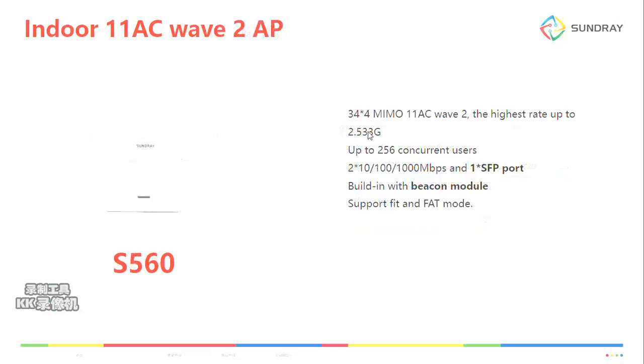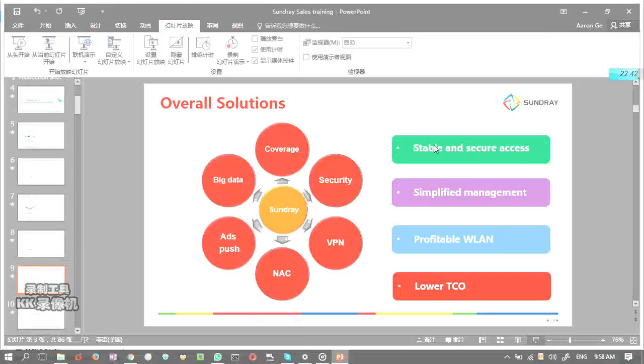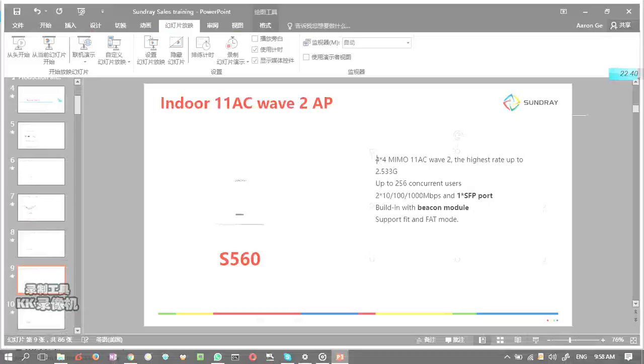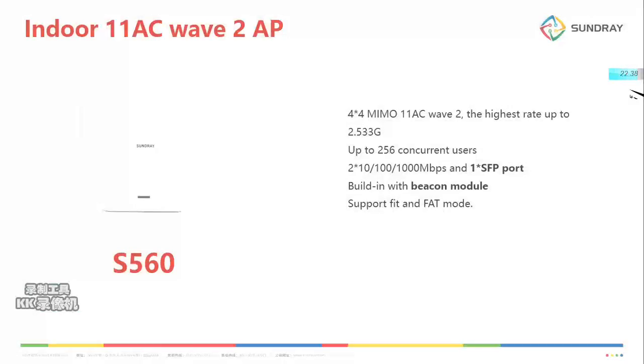This is 4 by 4 MIMO with a maximum throughput of 2.53 gigabit. So this one is a high capacity access point.